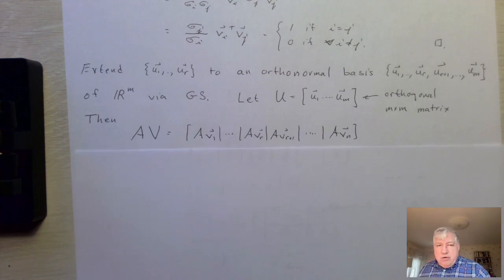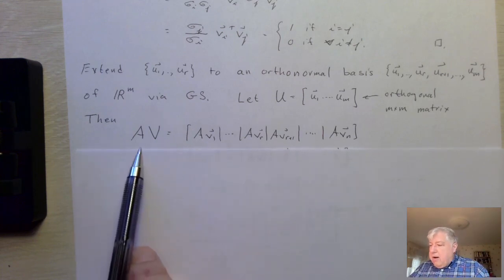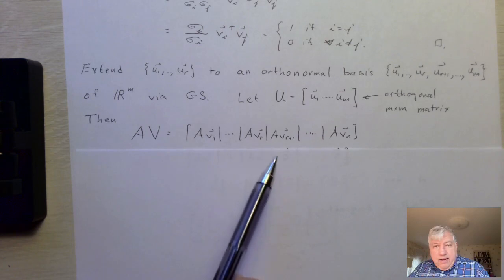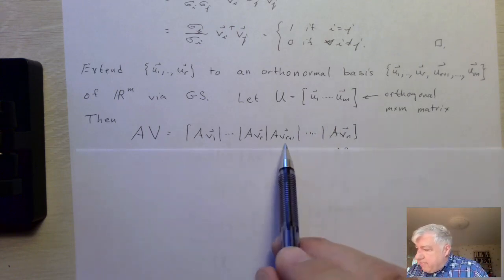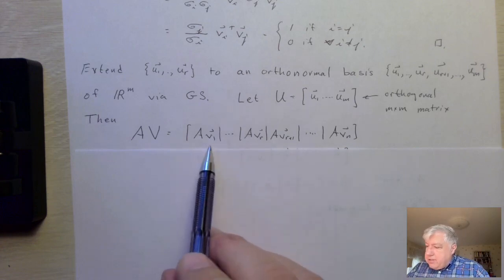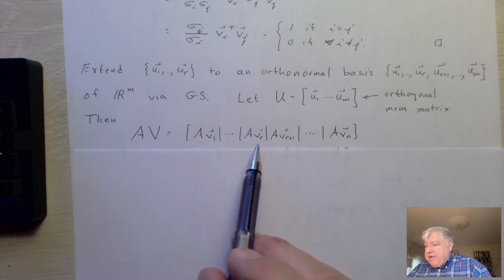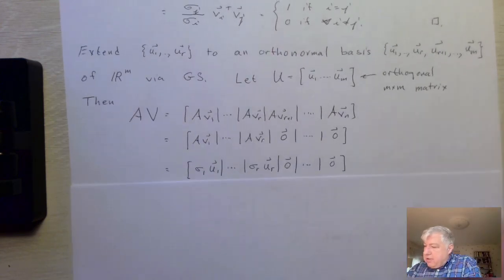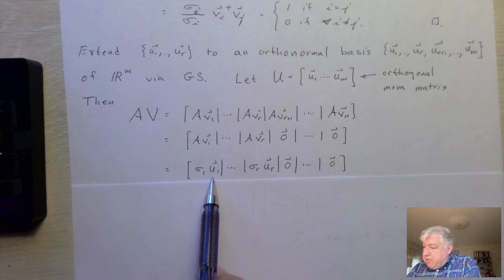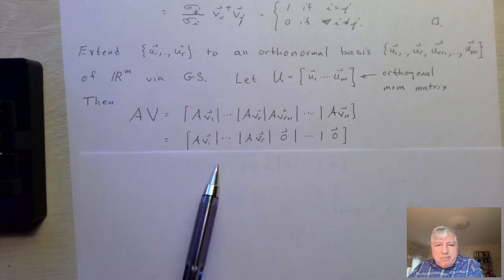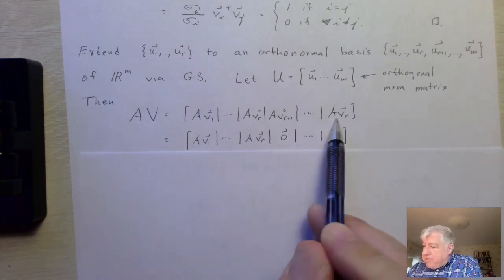First we're going to compute A times V. Well, the columns of AV are just going to be in the form of AVi. And remember, from these columns right here, AVr+1 through AVn, these are all going to be 0. We already know that. And because V1 through Vr are eigenvectors, these can be replaced with sigma i times Ui.